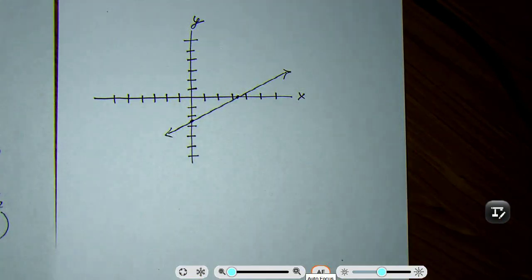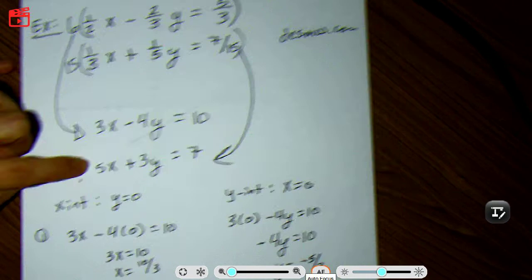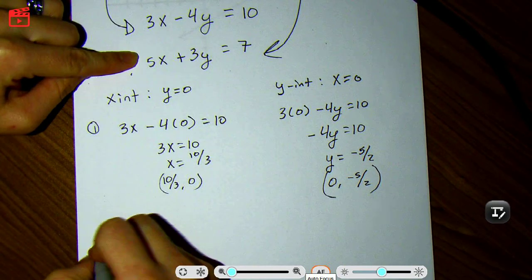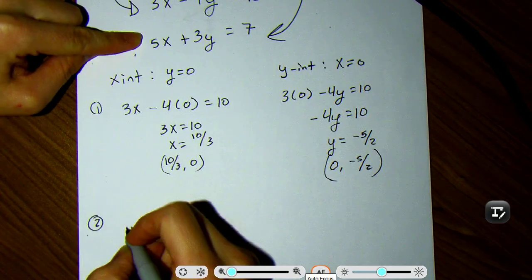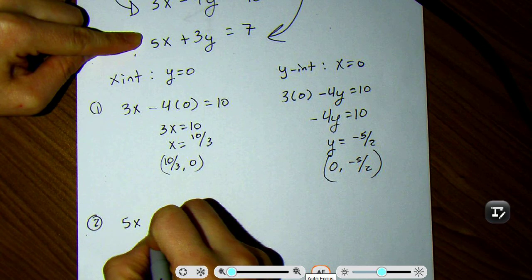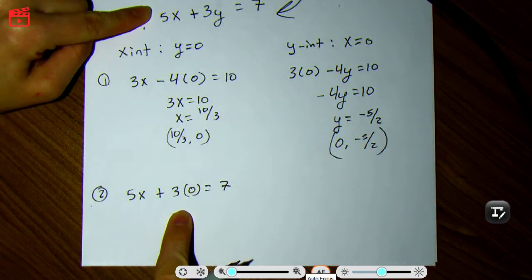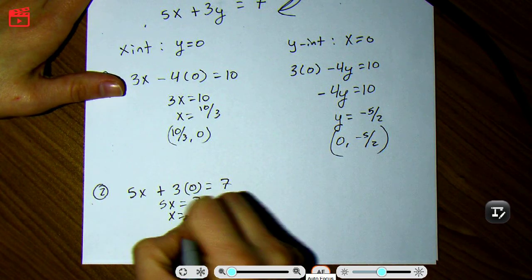I'm going to go back to the other equation. Taking equation 2 now, again I'm going to graph this by finding the intercepts. To find the x-intercept, I'll plug in 0 for y. So I'll have 5x plus 3 times 0 equals 7. 3 times 0 is just 0, so I have 5x equals 7. So x equals 7/5.